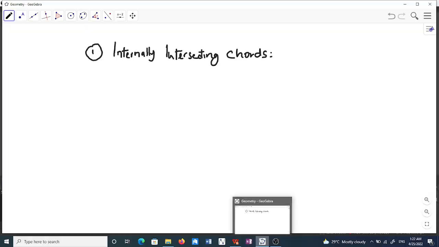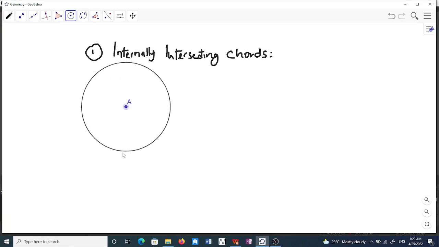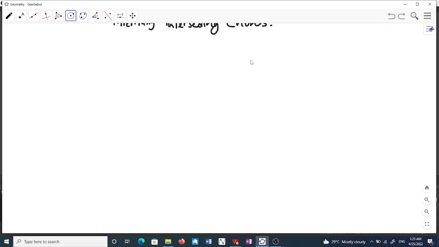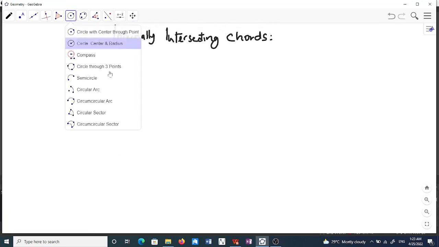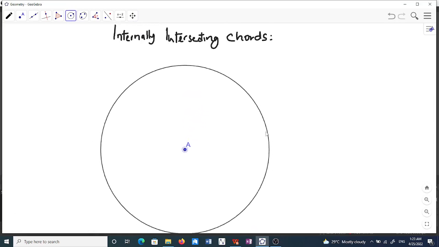So let's start with internally intersecting chords. Let's demonstrate here and find out through investigation what really happens when we have internally intersecting chords. Let me enlarge it so that it becomes a bit sizable.